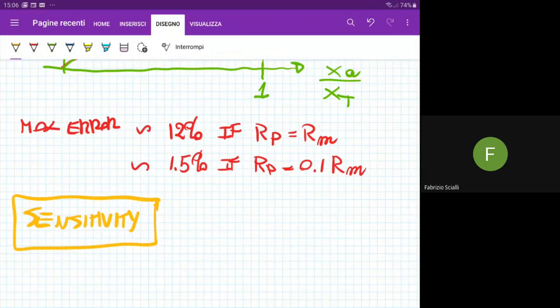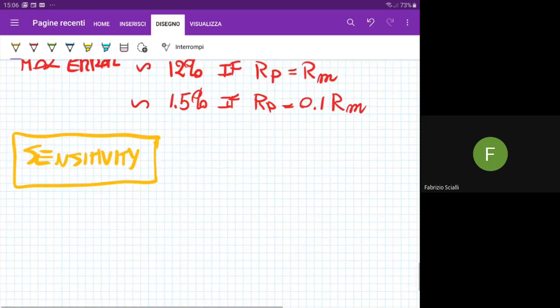Yeah, so the sensitivity, generally speaking, is the capability of a transducer or a measuring device to sense small variations of the physical quantity that is going to be measured, with respect to the overall scale, of course. So with respect to your scale, to your measurement, okay?